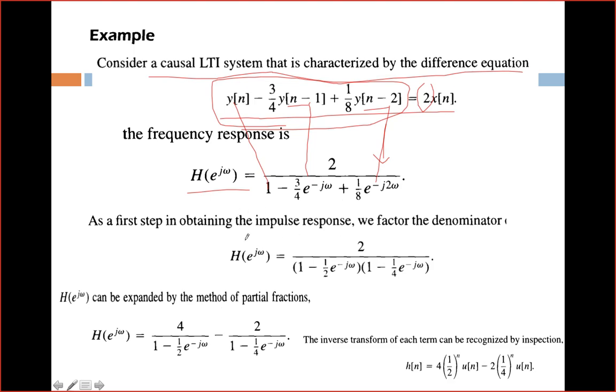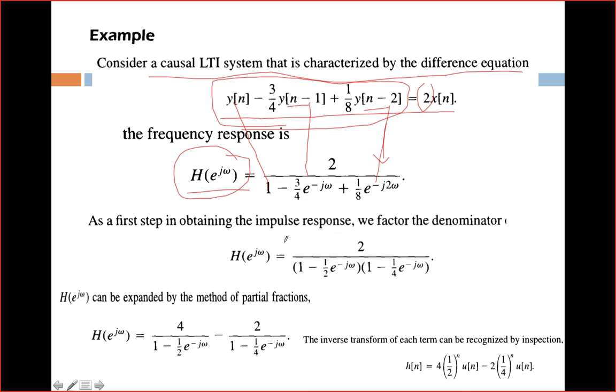Now I have to find the inverse discrete time Fourier transform of this frequency response to find the impulse response. For that I have to use the partial fraction method to decompose the transfer function into smaller parts.